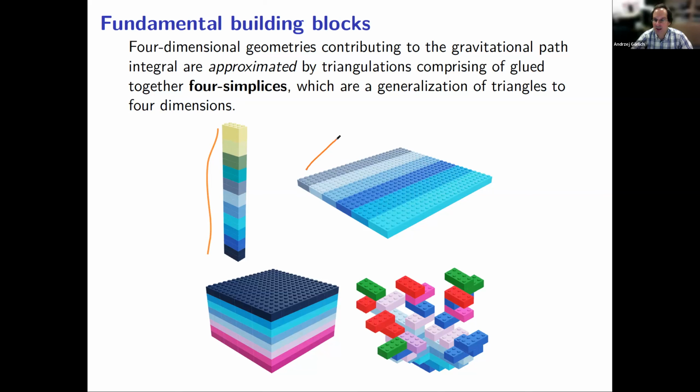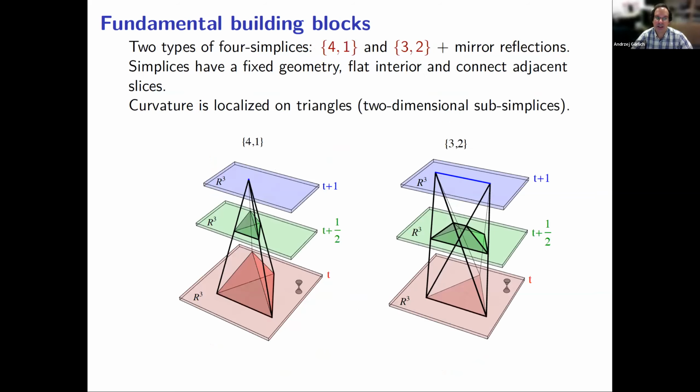You can also create something two-dimensional and also a three-dimensional block. But if you glue it randomly, you can get something that has a fractal dimensionality. So the dimensionality of the building block doesn't determine the dimensionality of the whole triangulation, and it might depend on the scale. This is something that we observed, that we have a scale-dependent spectral dimension, for example.